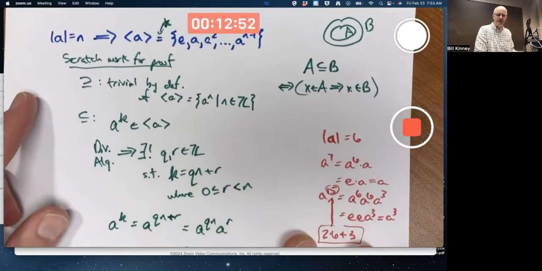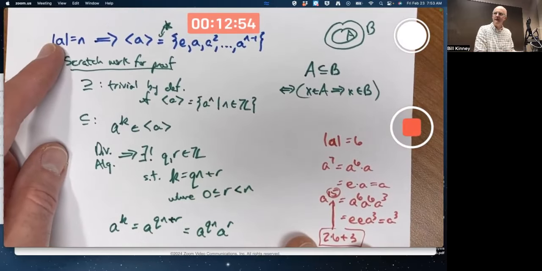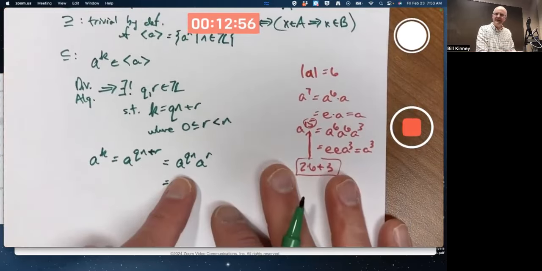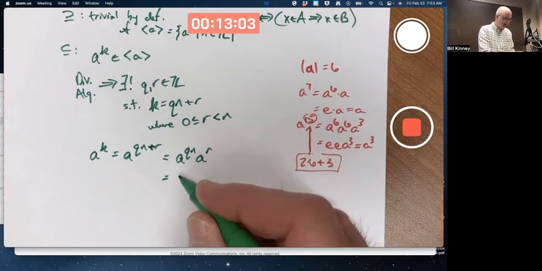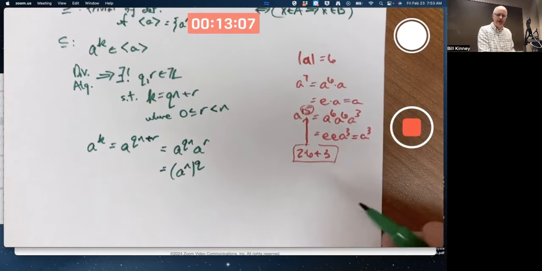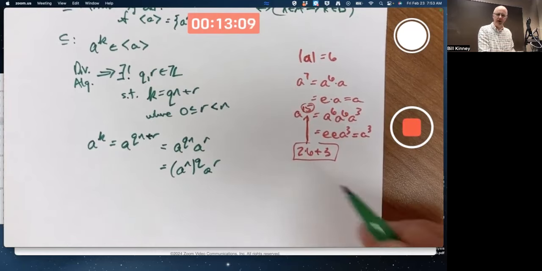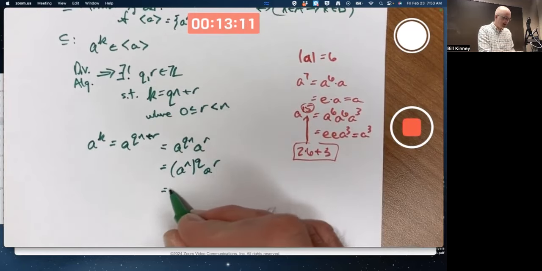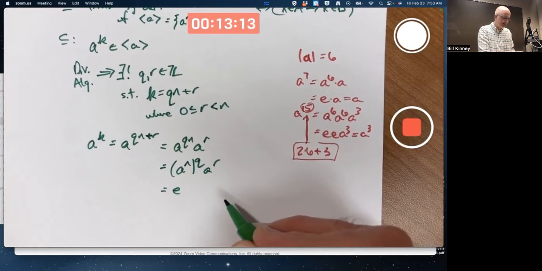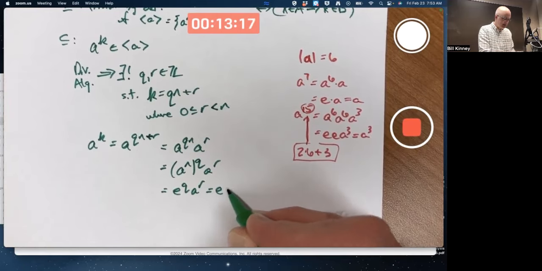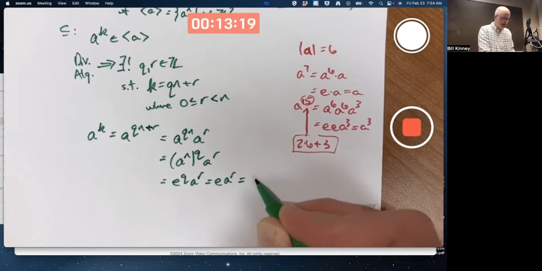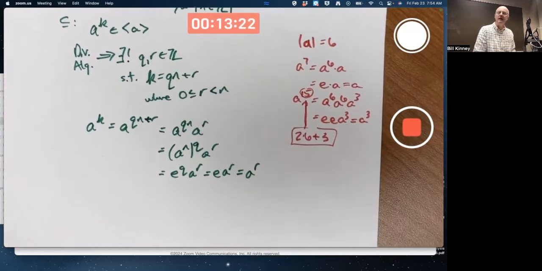That was the original assumption. A has order n, so A to the Qn is going to be E. How do you rigorously show that? It's a property of exponents. Rewrite the A to the Qn as A to the n to the Q. A to the n is E because the order of A is n. E to the Q is E. E times A to the R is A to the R.